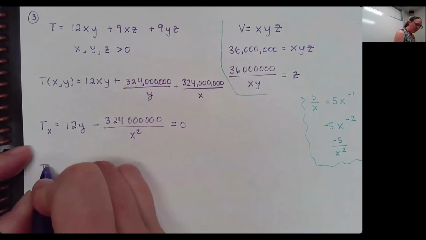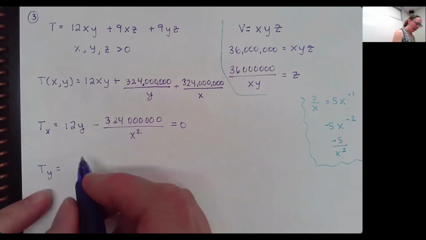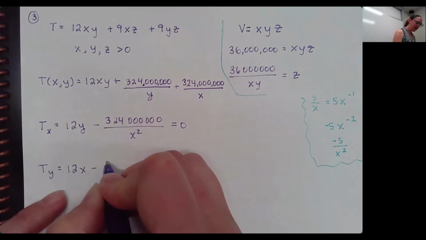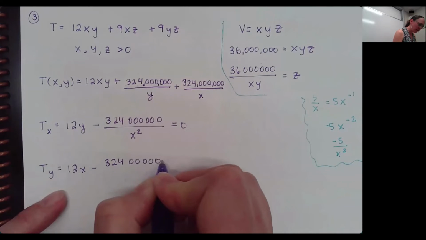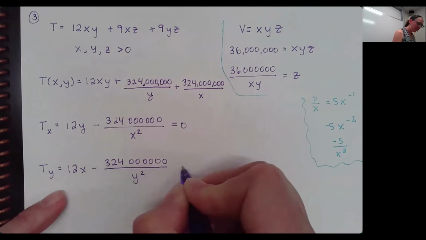When I take the partial with respect to y, I get almost exactly the same thing. But now I get 12x minus 324 million, lost to 0, over y squared.